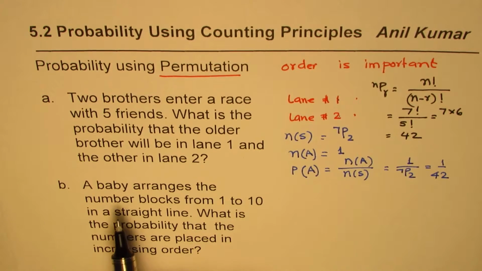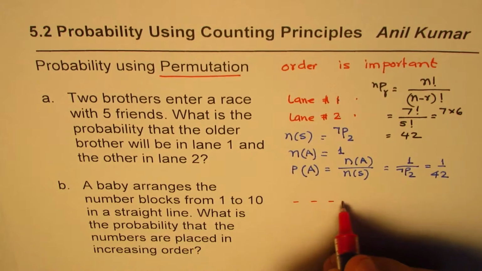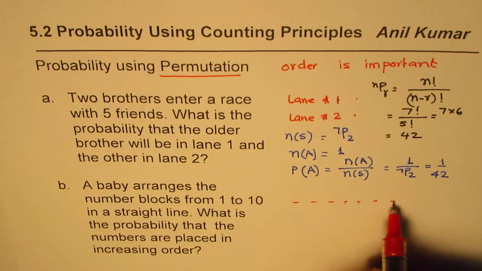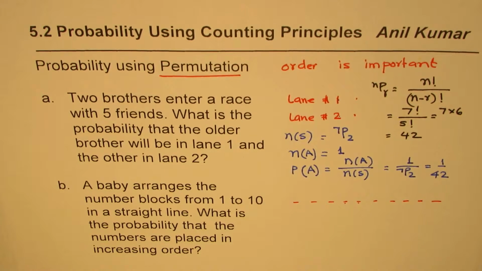Now the next one is, a baby arranges the number blocks from 1 to 10 in a straight line. When you are arranging number blocks in a straight line, that means something like this: 1, 2, 3, 4, 5, 6, 7, 8, 9, 10. So all 10 have been placed here in a sequence.